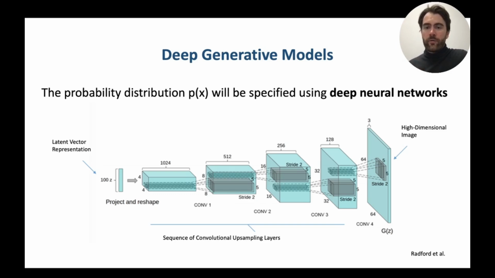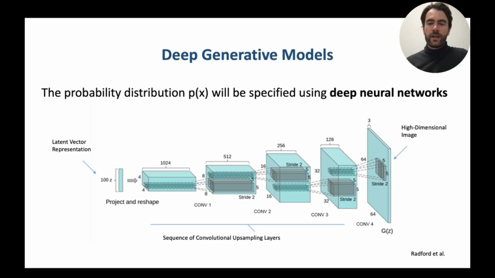Of course, we are going to see many of these neural networks in much more detail in later lectures, but just to give you a very rough sense of what I mean, this is a figure that describes a convolutional architecture that takes as input a set of random numbers, and then it outputs a 64 by 64 by 3 tensor, which corresponds to an image that we want to generate, or it could also correspond to the parameters of a distribution over images that we want to generate.